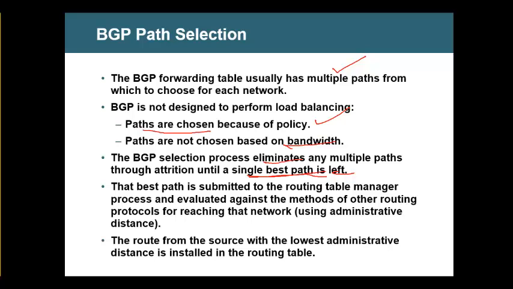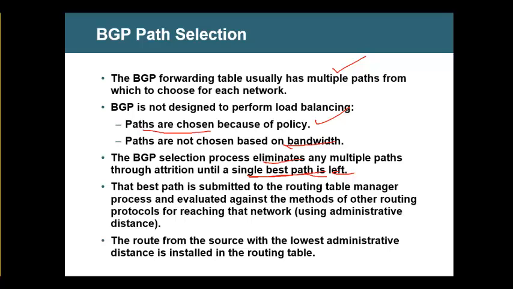Even though we got multiple paths, only one path will be elected. That elimination will be using that attribute. And it will eliminate all the routes and pick only one single best route and put that route into the routing table.